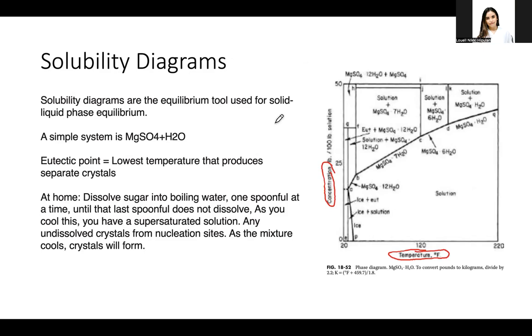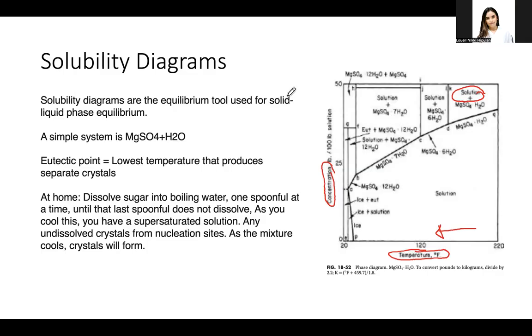But as you cool it down or lower the temperature, you begin to form solids. So as you form solid, you still have liquid. As you can see here, you still have liquid or solution phase.